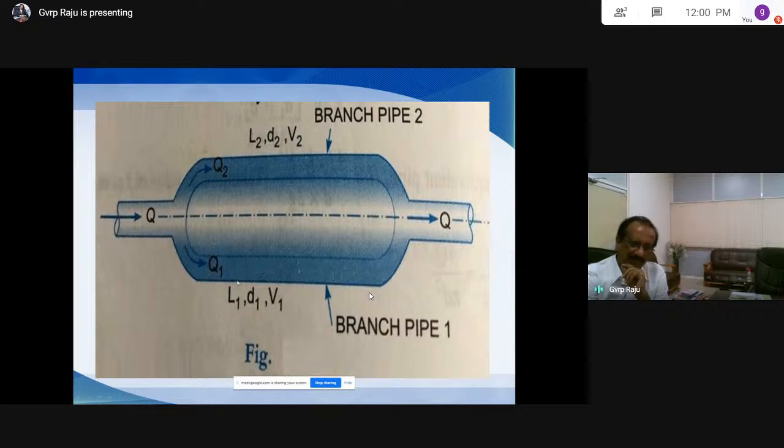So the head loss due to friction for pipe 1 is HF1 and the head loss due to friction for pipe 2 is HF2. So you can take HF1 is equal to HF2. HF1 is f L1 V1 squared by 2g D1, which is equal to f L2 V2 squared by 2g D2.